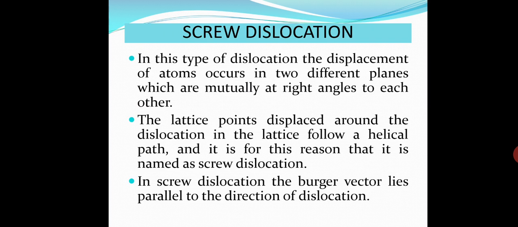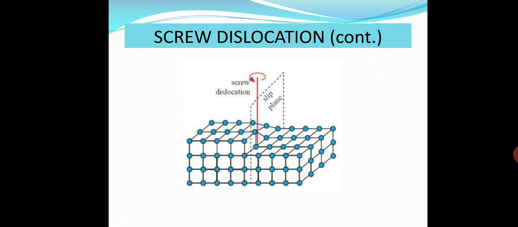In screw dislocation, the Burgers vector lies parallel to the direction of dislocation. So this is the figure of screw dislocation. Here in two different planes the dislocation occurs which are mutually perpendicular, and this is the dislocation line.